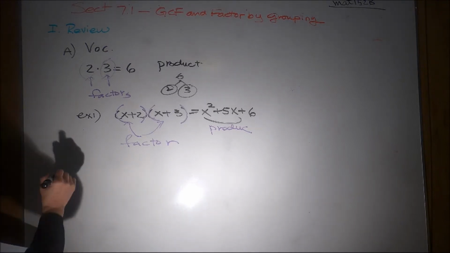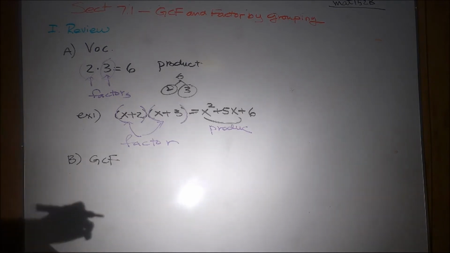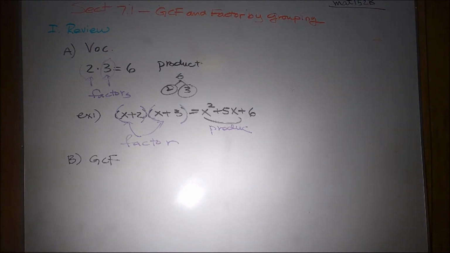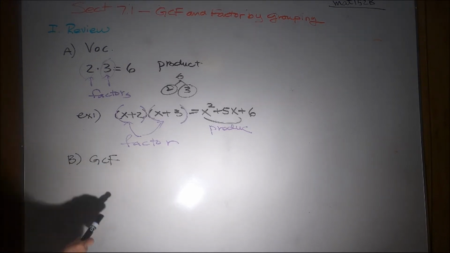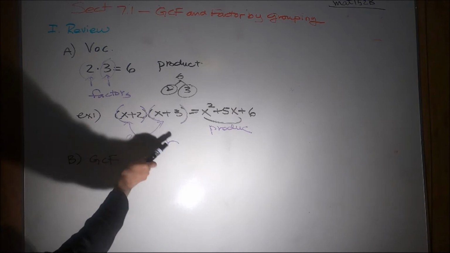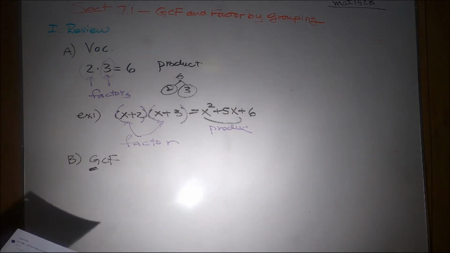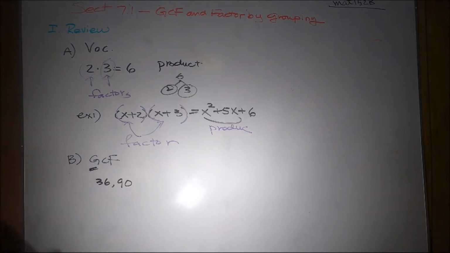How are we going to find the GCF? Okay, let's do the numbers first, then we do the polynomials. GCF means greatest common factor. Within all the factors, which one is the largest one? Like 36 and 90. Which number can go into both and is the largest one?